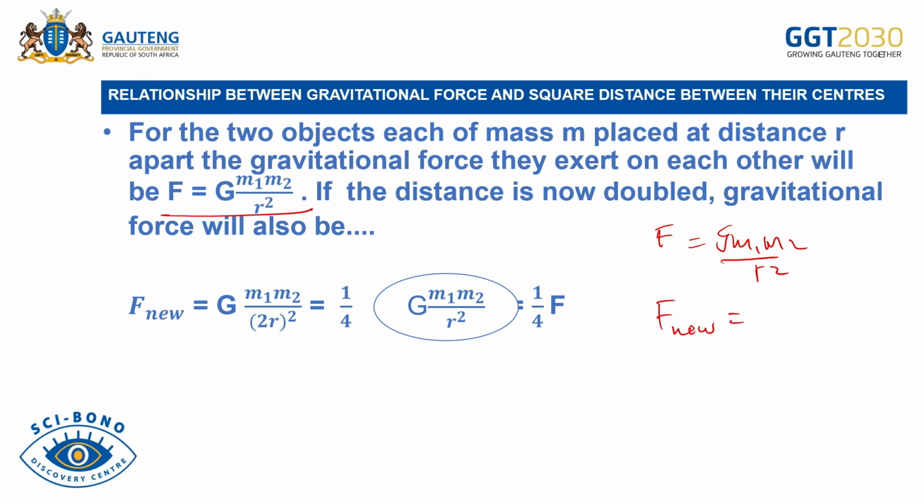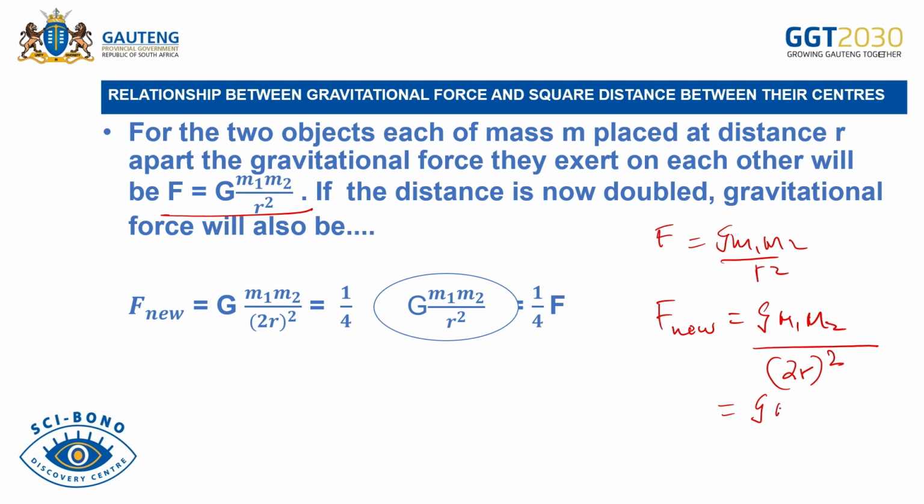Your new F, you are told that the distance is doubled. But G is still G, m1 is still m1, even m2 is still m2. But now the distance is doubled. They are not saying r squared is doubled. When we talk of distance, in this case, we are talking about r. So r is doubled. So I can say 2r, but according to the equation, it should be all squared. So what am I having?